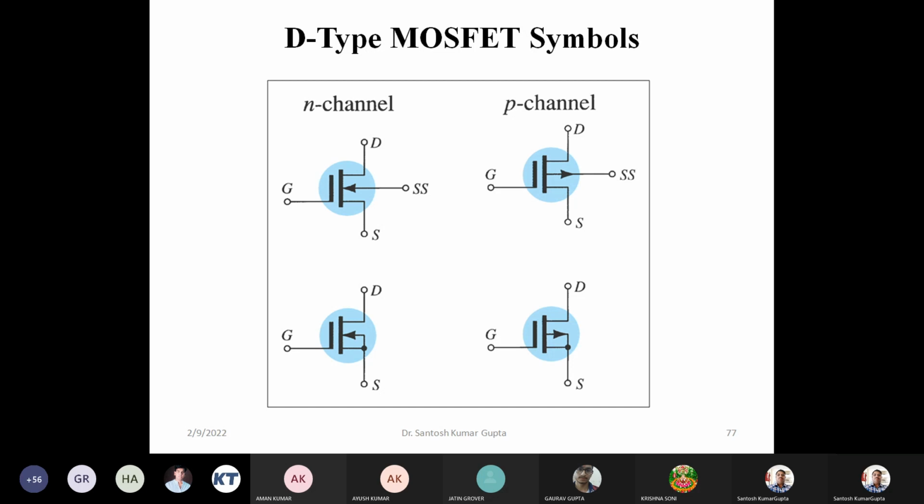Here we have the symbols used for the depletion type of MOSFETs. In the depletion type of MOSFET, the channel is already there. So for the channel, we just show this connecting line, joining line. One side is drain and this is the source, and the gate is in between. We have seen that the gate is separated from the substrate or channel side by the oxide, metal oxide semiconductor.